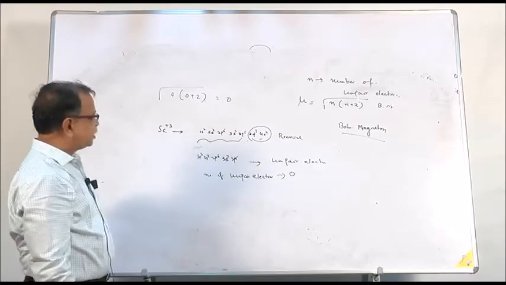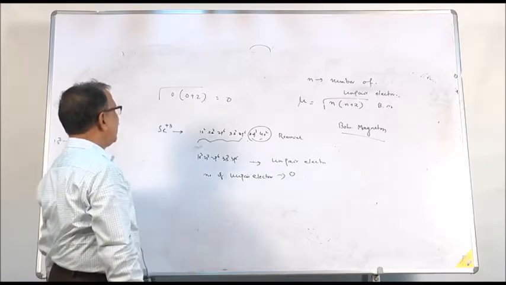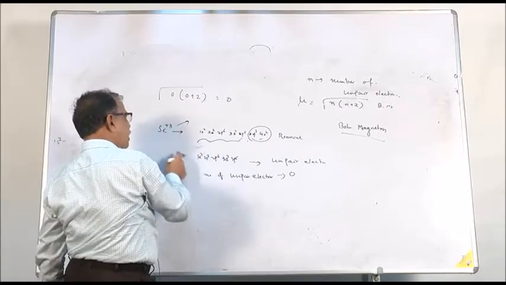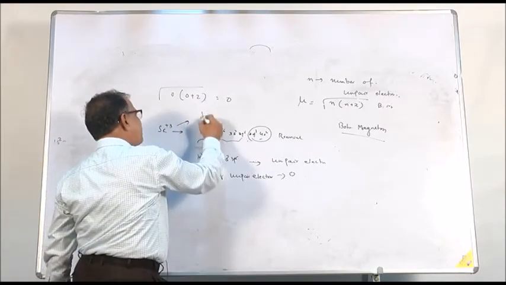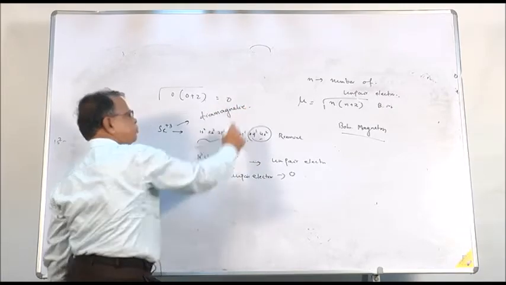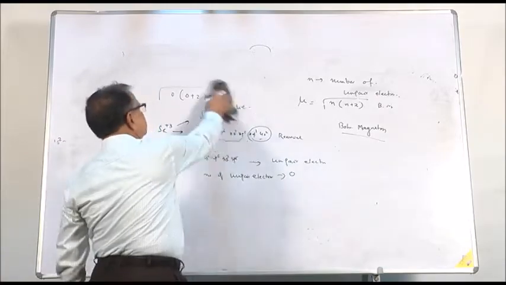So scandium 3+ has no magnetic moment; it is diamagnetic, because the magnetic moment is 0.